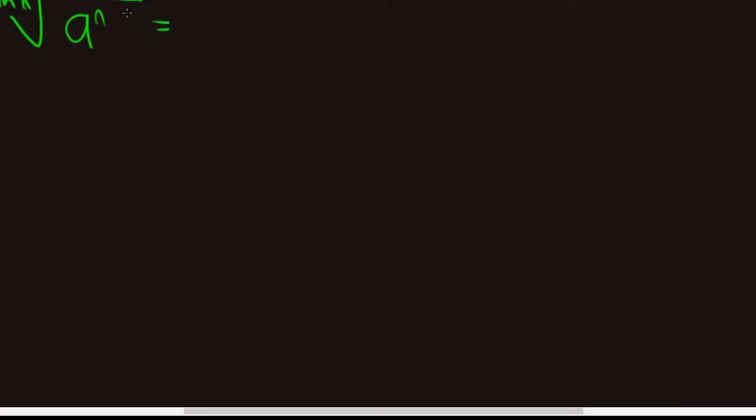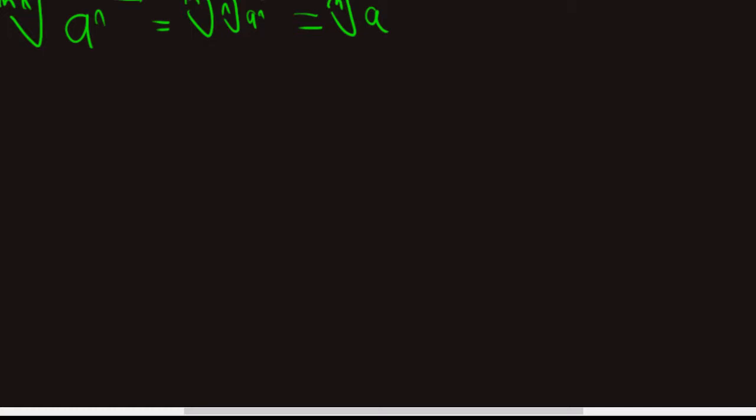Well, what does that equal? Well, that we know is equal to the mth root of the nth root of A to the n, which is just equal to the mth root of A. Very, very simple proof.